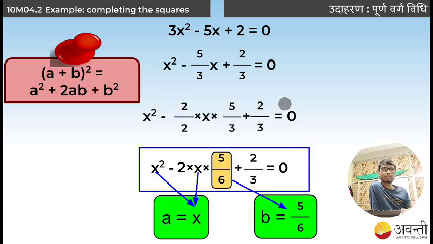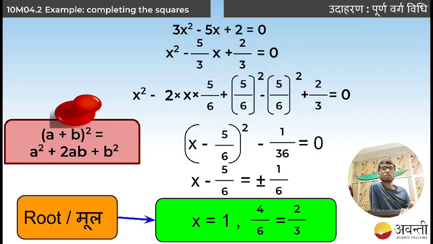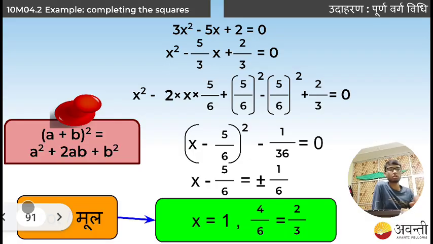Yes, a is equal to x and b is equal to 5 upon 6. This is for you. Whatever comes as the zeros of the quadratic equation will be known as the roots.